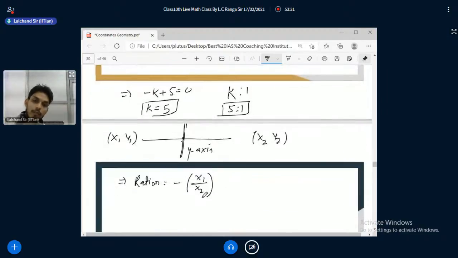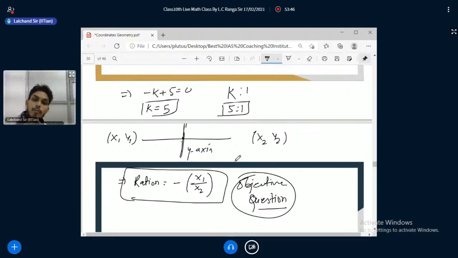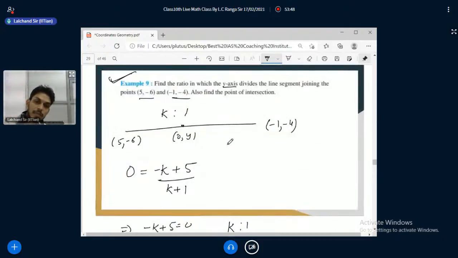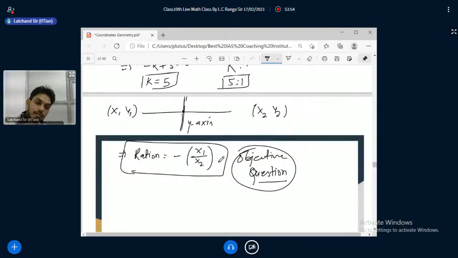This is for objective approach, for objective question. You can use this approach for objective question. For board and CBSE exam purpose, you have to use the earlier concept, k is to 1. Okay, are you getting this shortcut? Okay, fine.